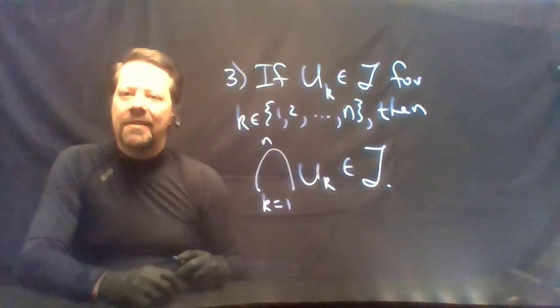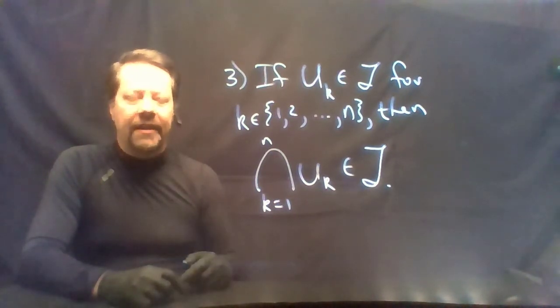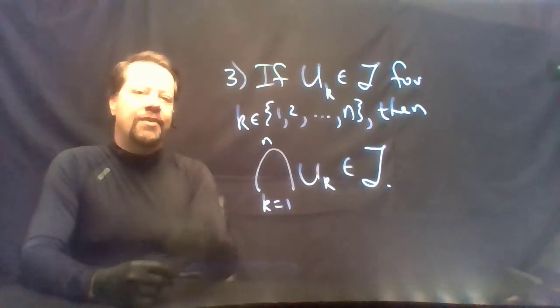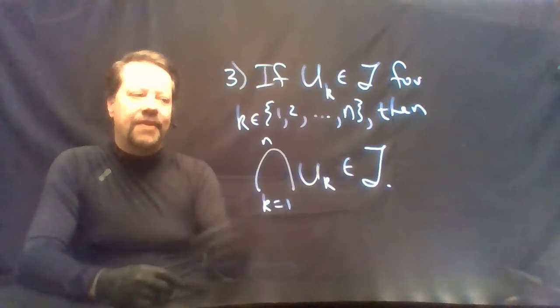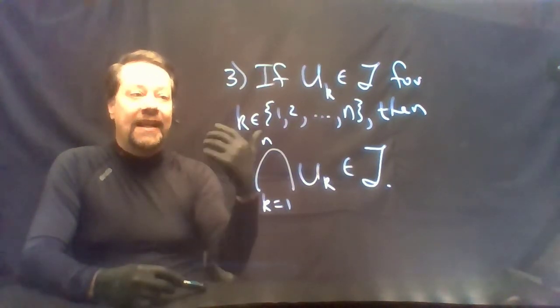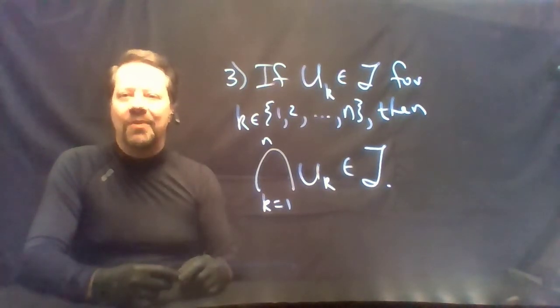In other words, topologies are closed under finite intersections. Not infinite intersections, but only finite intersections. If you take two open sets and find the intersection, what you get will be an open set. If you take any 1 million open sets and find the intersection, that too must be open.